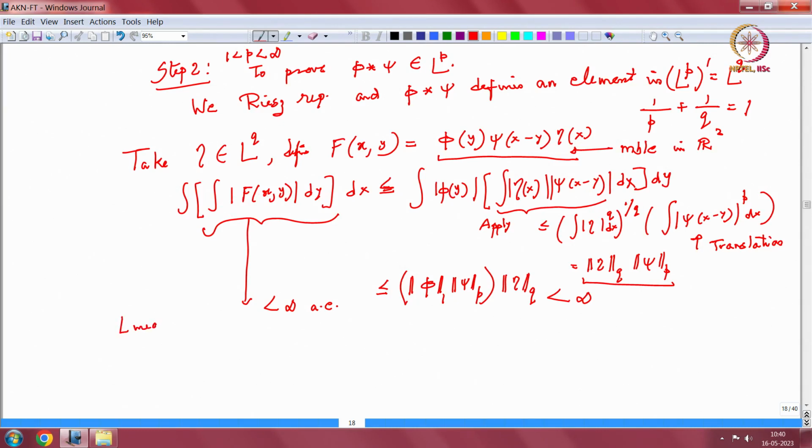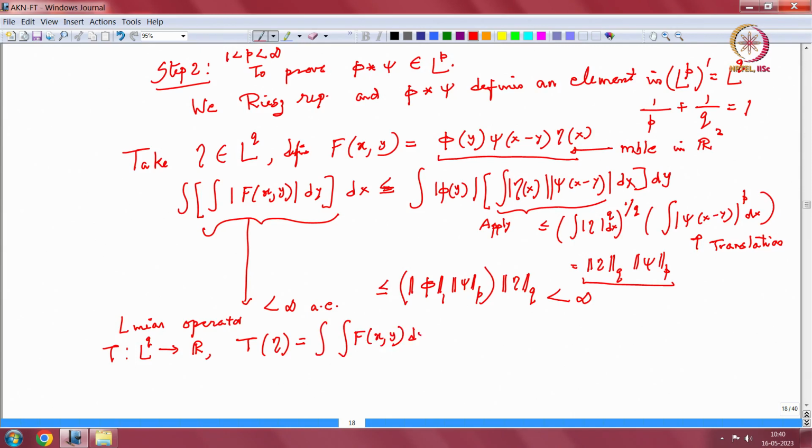So I have a linear operator T from L^q to R given by T theta equal to this double integral of f, dy dx, because it is finite.